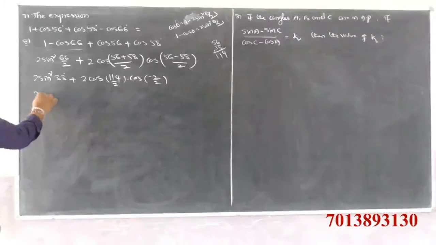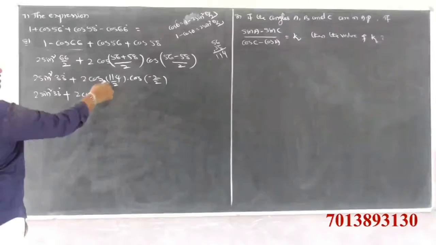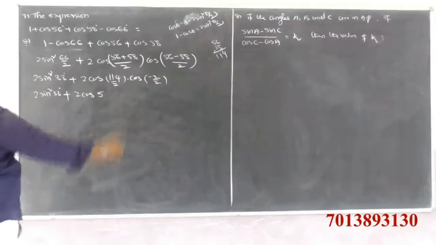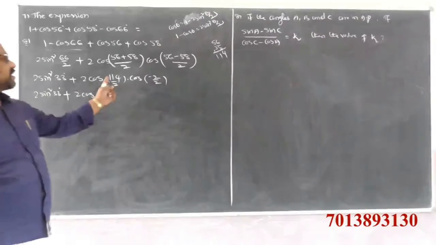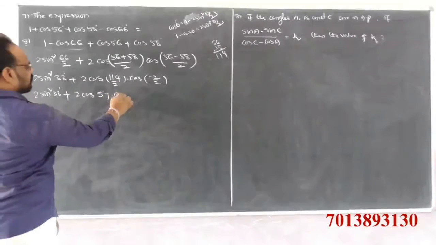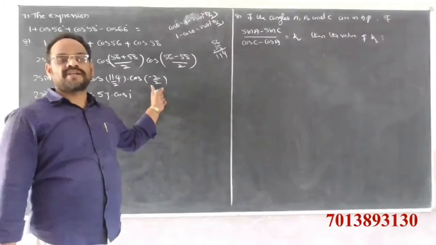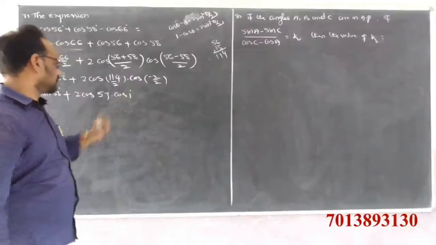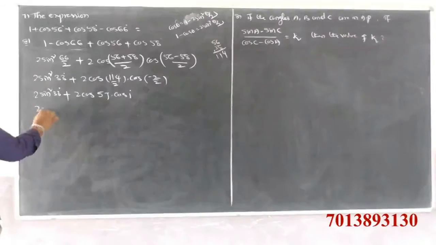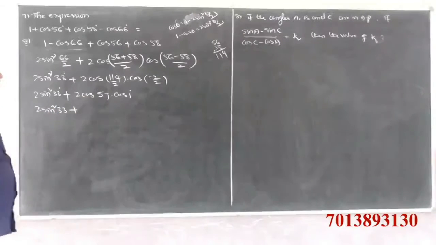So 2 sine square 33 plus 2 cos 57 into cos 1. Cos of minus theta is nothing but plus cos theta, so plus cos 1.